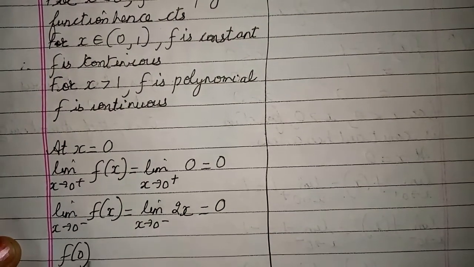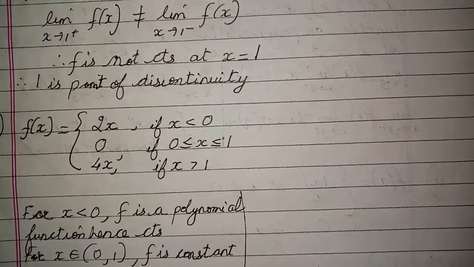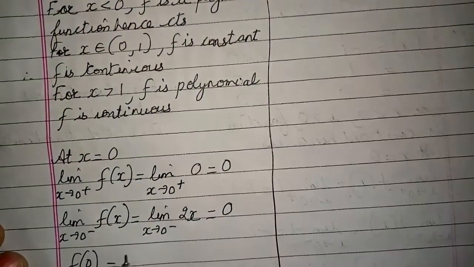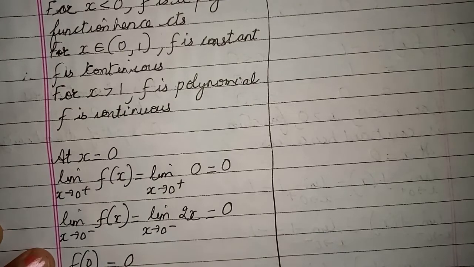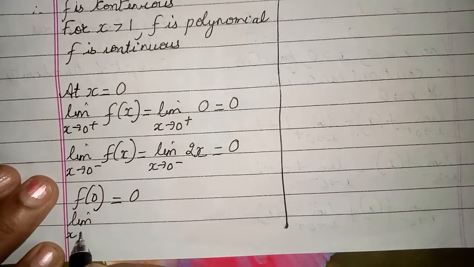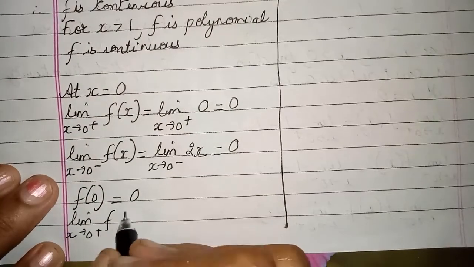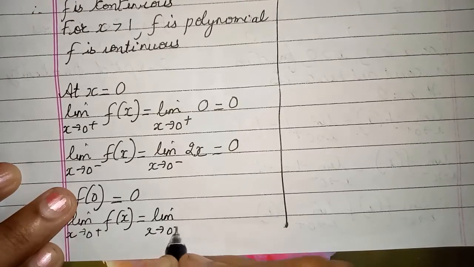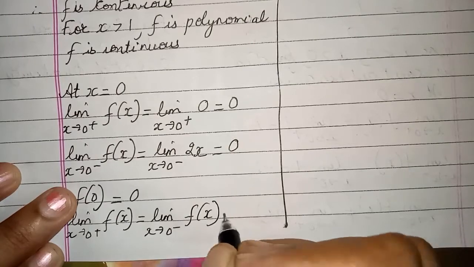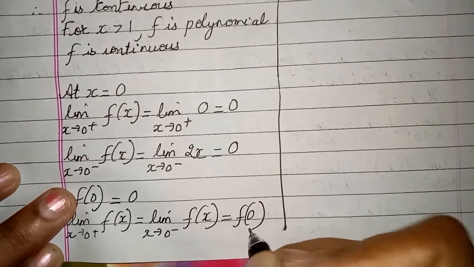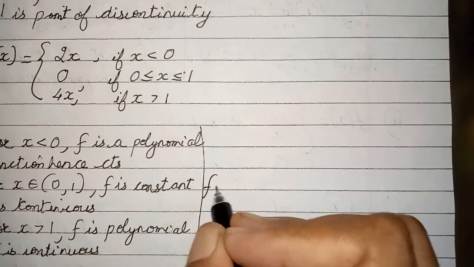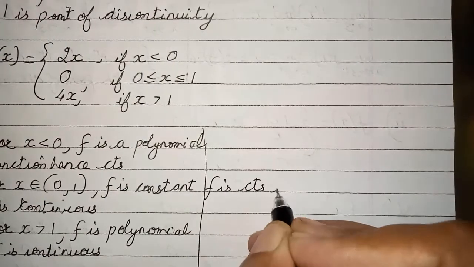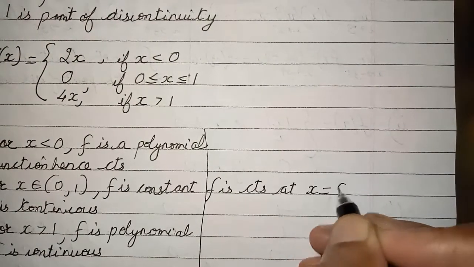What is the value of the function at 0? Because the limits are the same, we have checked, it is again 0. So limit as x tends to 0 plus f of x is the same as limit as x tends to 0 minus f of x, the same as f of 0.